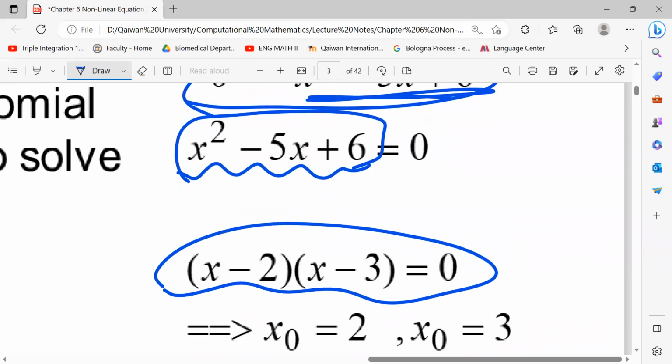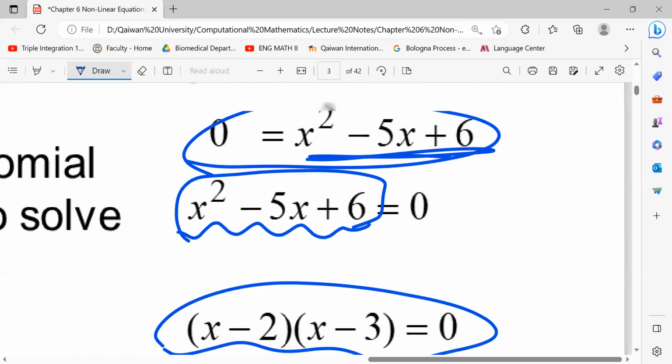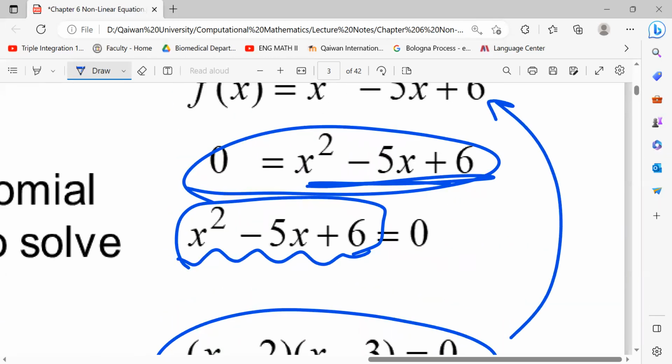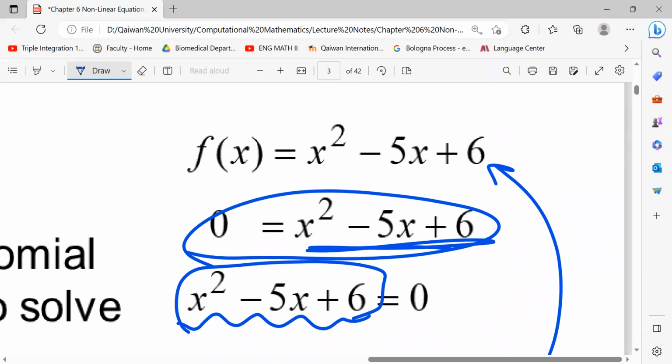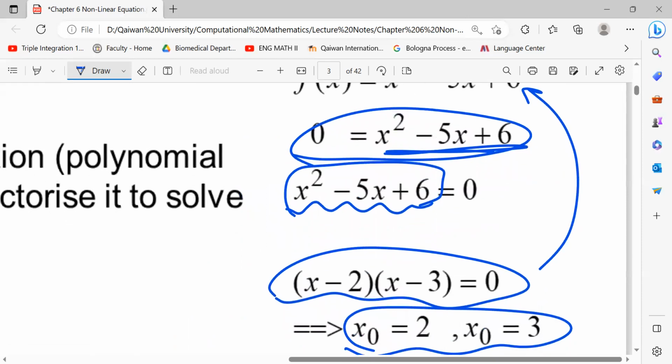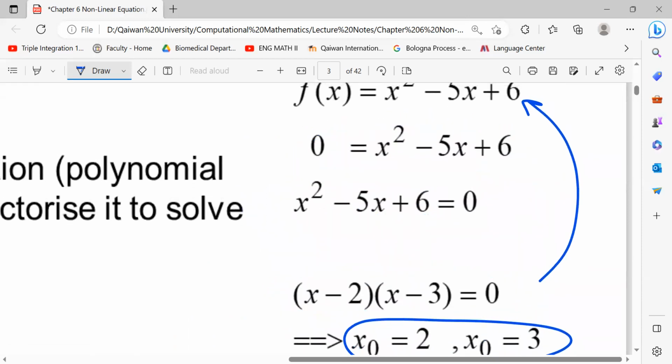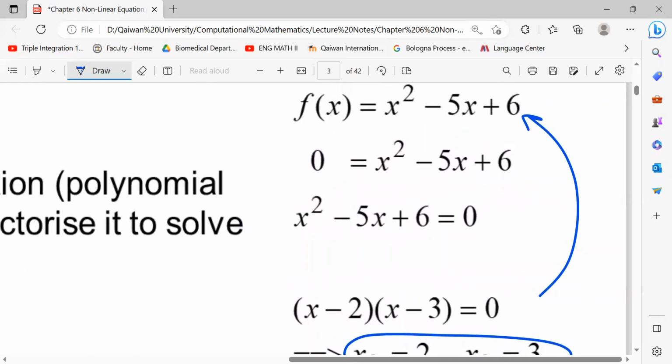We get this. Then we get 2 values for x. One is 2 and the other one is 3. So these two are both solutions for the given equation. That's how to solve an equation.